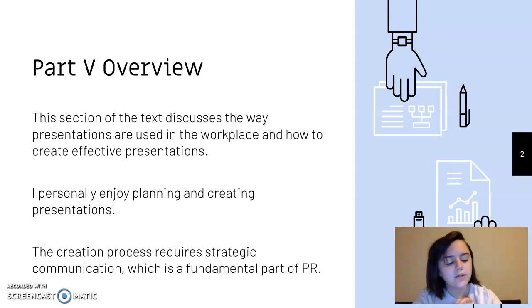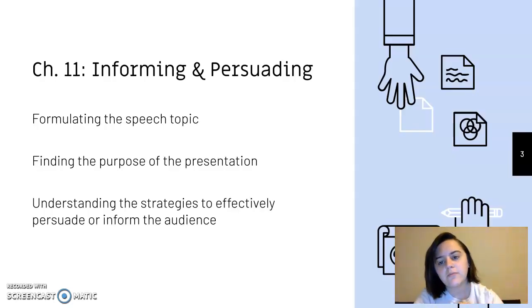So to jump right into chapter 11, informing and persuading is the topic of that chapter. That includes formulating the topic of your speech, defining the purpose of that, and then also understanding the strategies to effectively persuade or inform the audience. So basically, you start off the process by figuring out what your topic's going to be and why you're presenting about it.